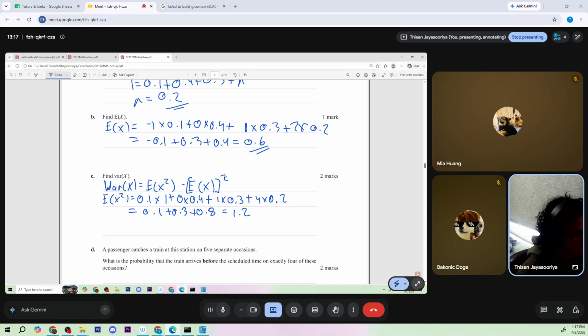So the variance of x is just going to be 1.2, take away 0.36, because that's what 0.6 squared is going to be. So we get 0.84 as my answer, the variance.